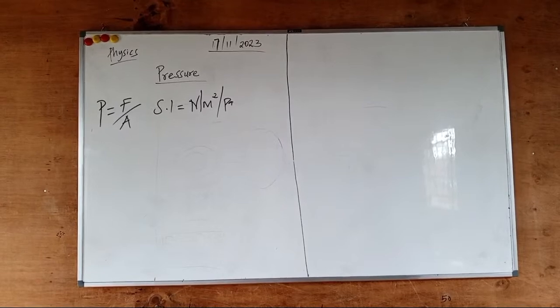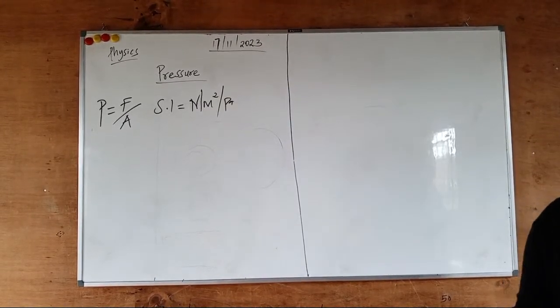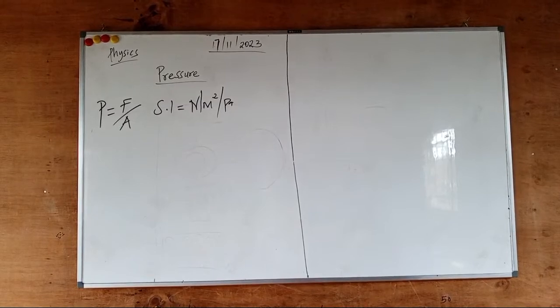Okay, let's say an example. A block of wood that weighs 30 newtons measures 5 meters by 10 meters.